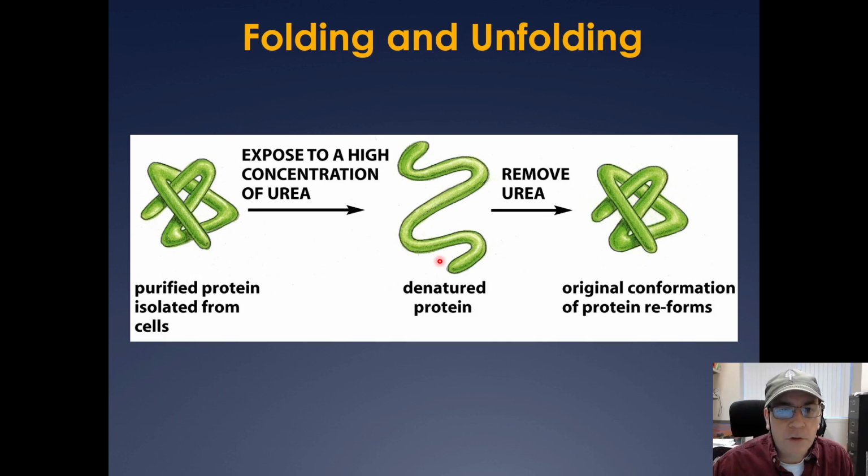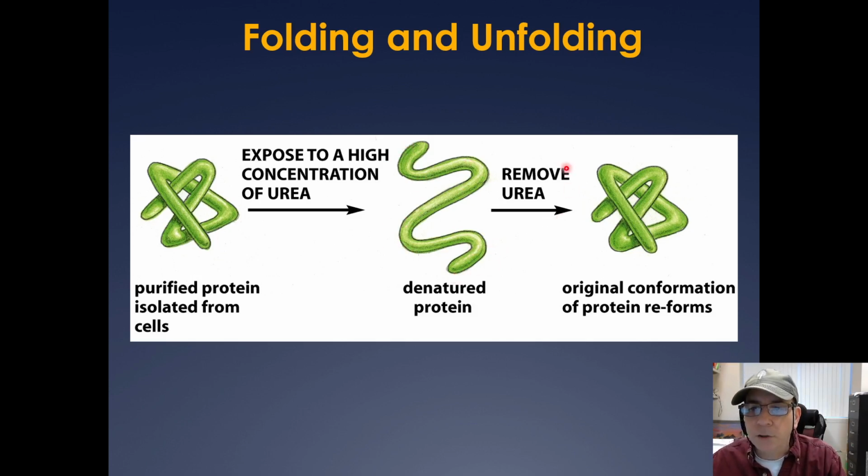Something that's interesting about folding and unfolding, and this isn't universal, but it does happen quite a bit, is where a protein just wants to assume that one conformation that it loves. You can take a purified protein that you can isolate from cells, and then denature that protein in something like urea, which makes it a string of amino acids, a polypeptide.